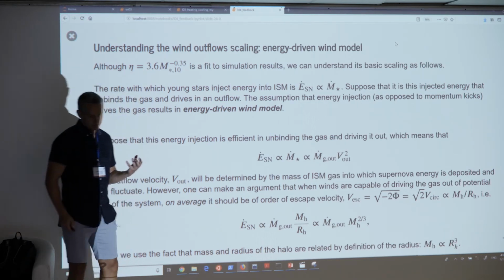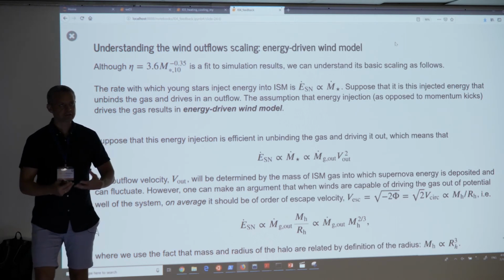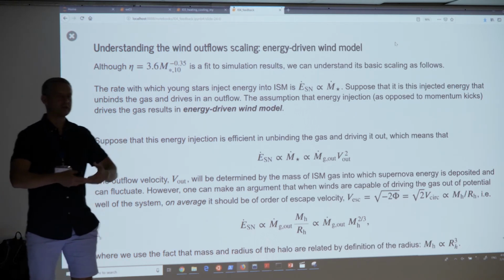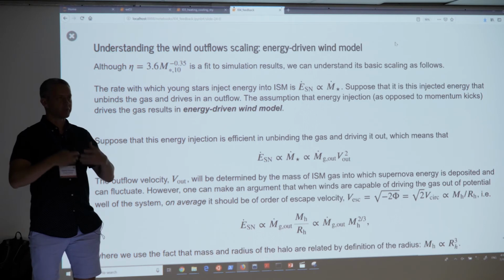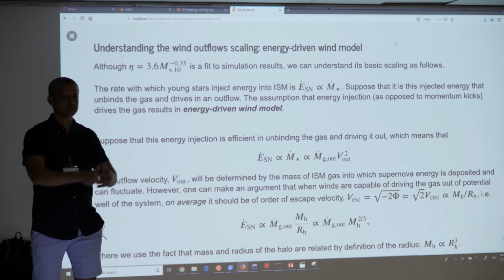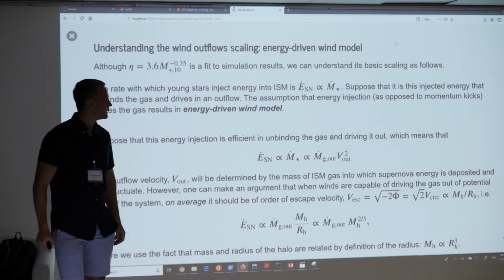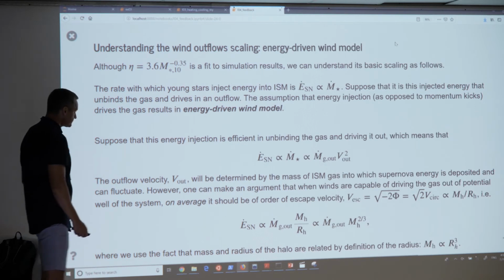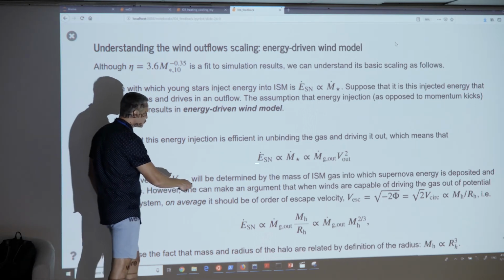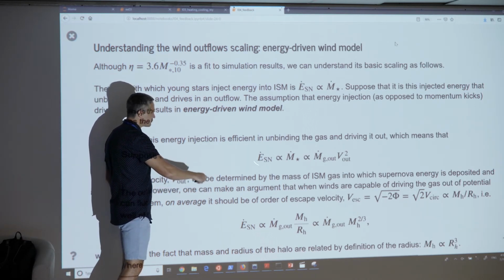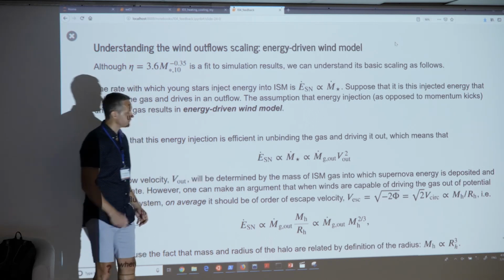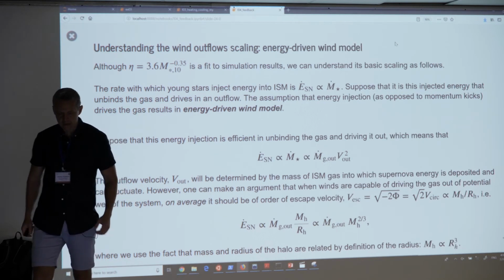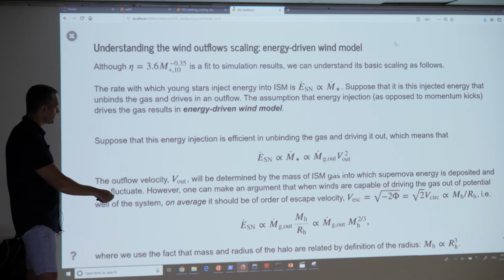So this model assumes that the way feedback works is that young stars are pumping energy into the interstellar medium. So the interstellar medium acquires thermal energy, right? And then the second part is that this model assumes that this energy injection rate into the interstellar medium results in the outflow, and due to energy conservation, the kinetic energy rate of the outflow has to be of order the injection energy rate.